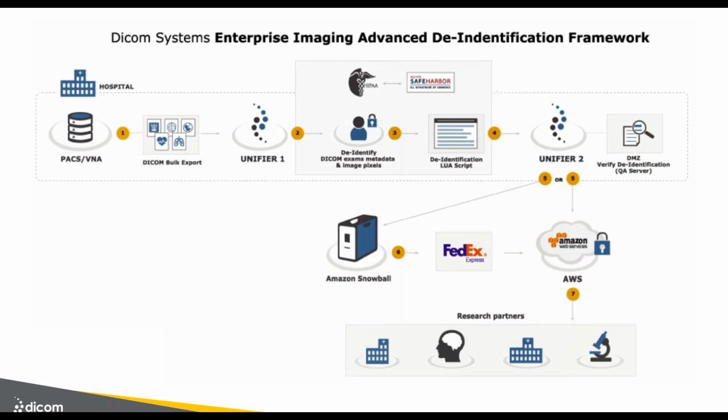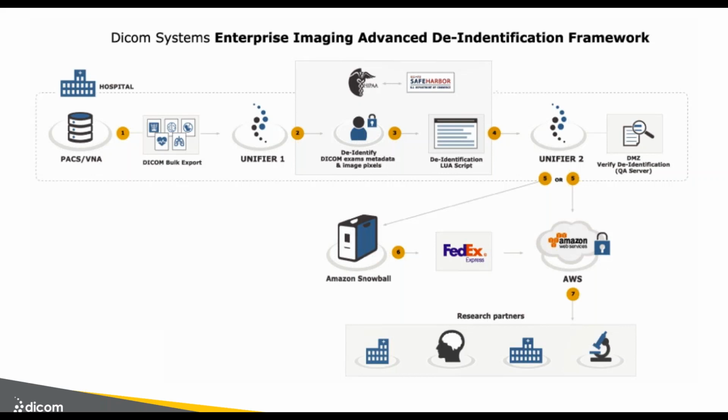In addition, there were some burned-in PHI elements for certain modalities, for certain studies. So those had to be pixel anonymized. So we use a Lua scripting method to perform the DICOM header de-identification process, as well as the pixel anonymization.